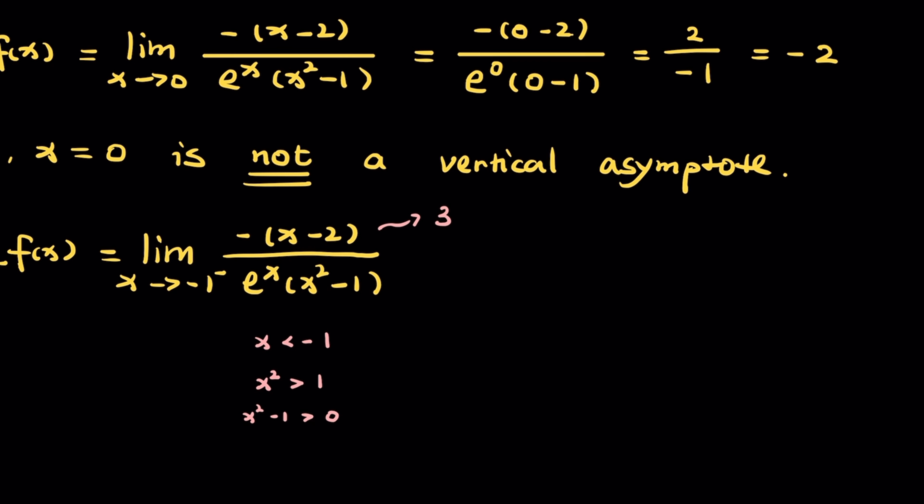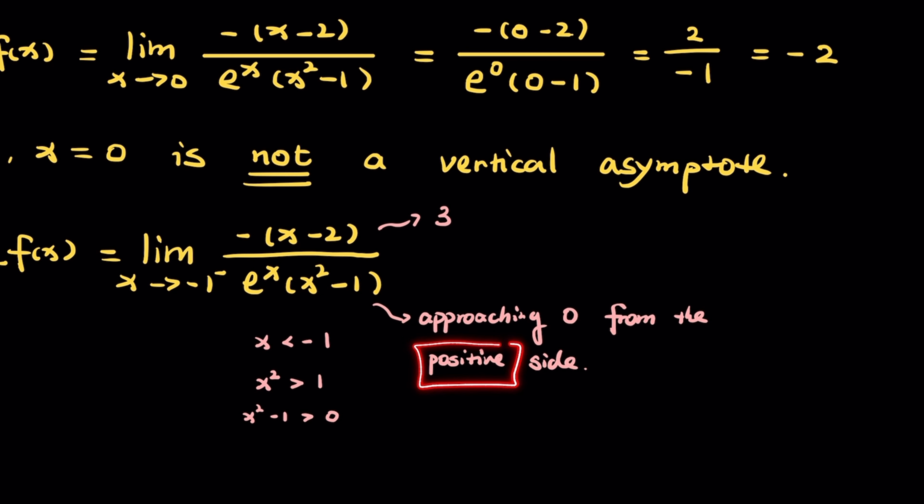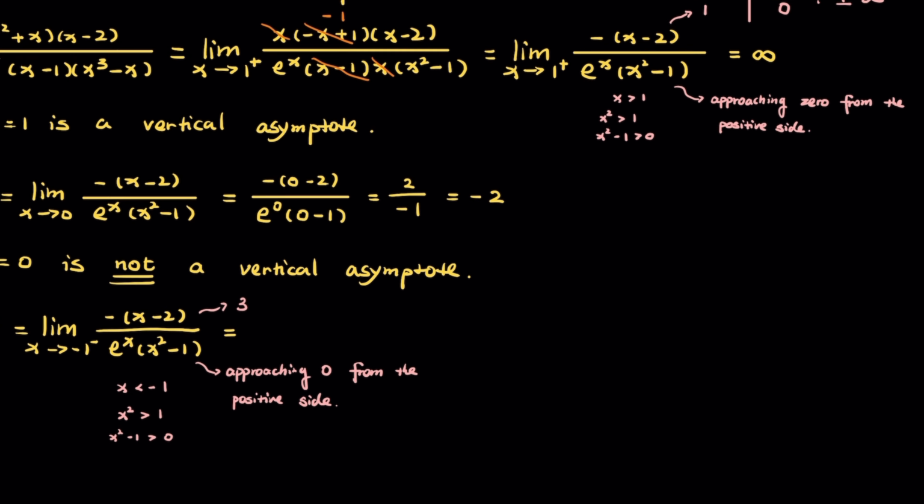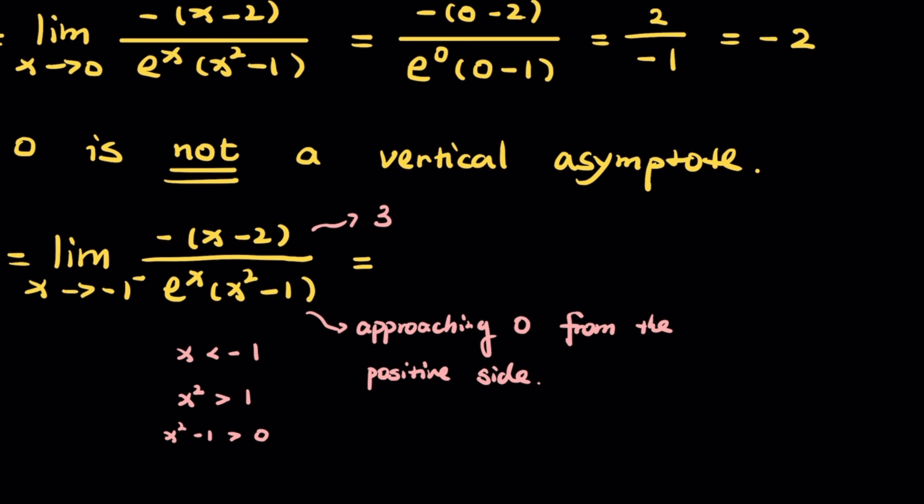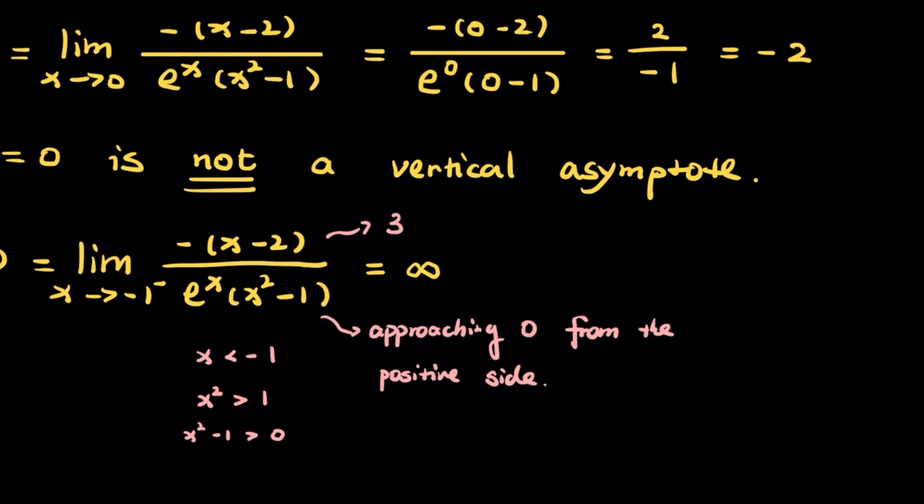Because it's greater than 0 here, I'm approaching 0 from the positive side. That means on top, I have a positive number. On the bottom, I have a positive number. So overall, it's going to be positive again. And because we know it's plus or minus infinity, it's going to be positive infinity, just like last time.